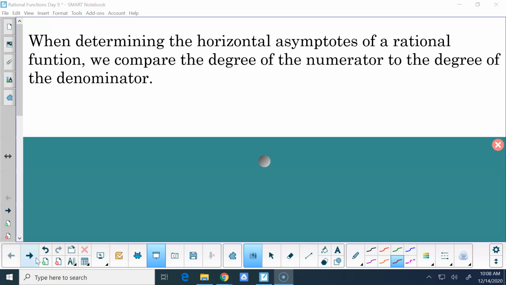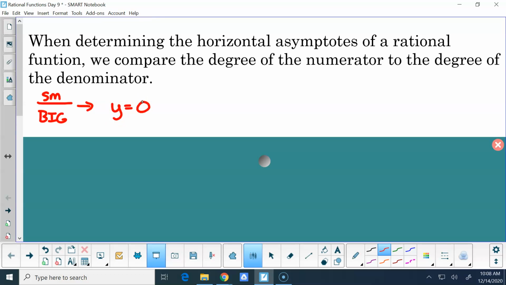And so we've got 2 or 3 different scenarios. We've got small over big. What's that one? What do you got? That's y equals 0 as our horizontal asymptote.